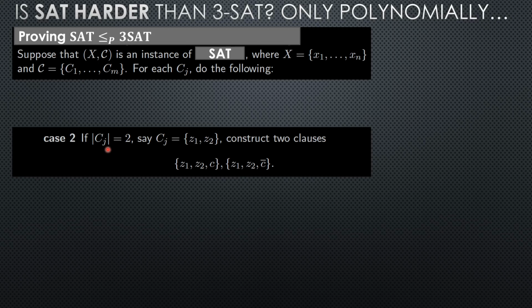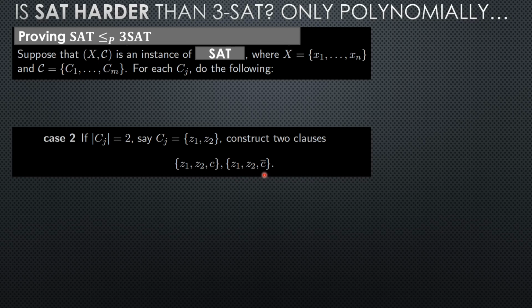So suppose this clause in the sat instance has 2 literals, z1 and z2. So the clause is z1 or z2. What we're going to do is construct 2 clauses containing 3 literals each. So we have z1 and z2 in each of these 2 clauses. So if either z1 or z2 is true, so if the original clause is satisfied, then both of these new clauses are satisfied.